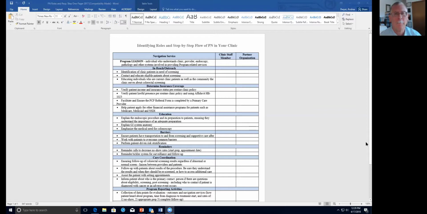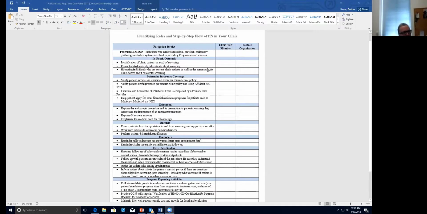Yep. Okay. So in terms of really thinking about those broad categories, you'll see that they're largely the same categories that we talked about in terms of core competencies and areas. What we have tried to do to ensure that we think about that context of each clinic system having their set flow, and what the navigator is going to do, and how that fits within their own clinic staff as well as their partner organization, is under these big headings, which you saw earlier, we delineated the specific tasks.